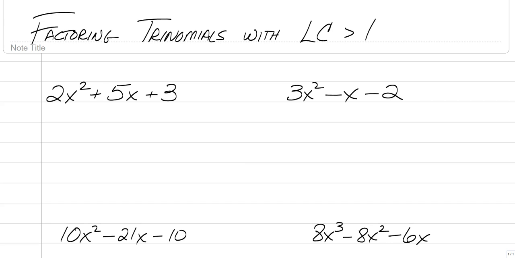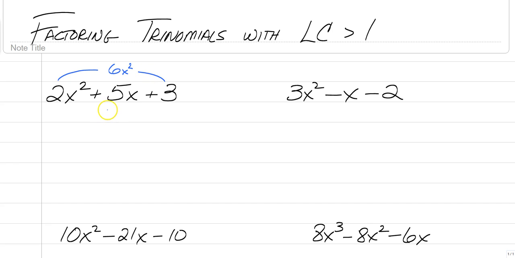One of the things you have to keep in mind is the leading coefficient is no longer 1. So we have a 2 at the beginning and a 3 at the end. What you're actually going to do is think of two numbers that would multiply to 6x squared and add to 5x instead.